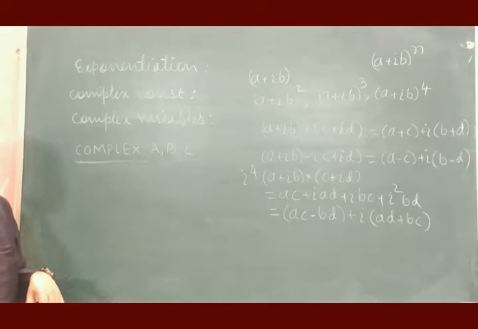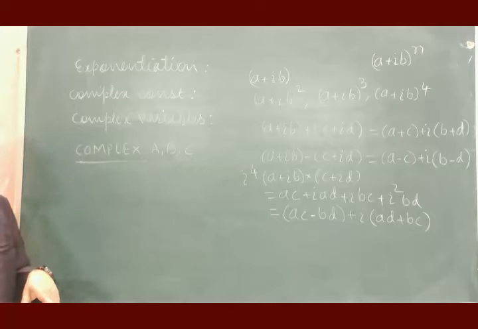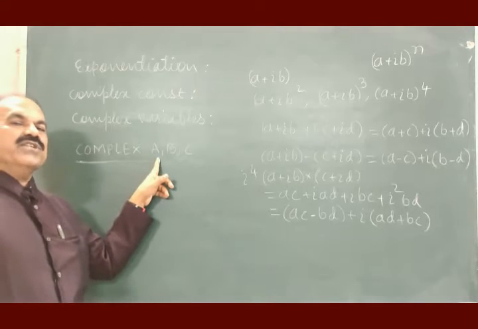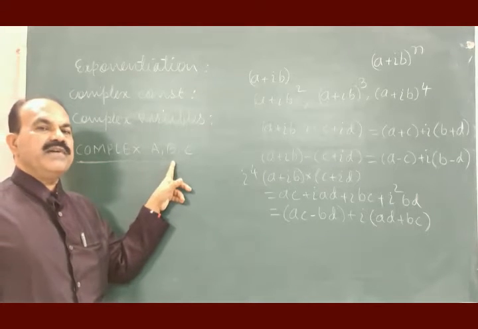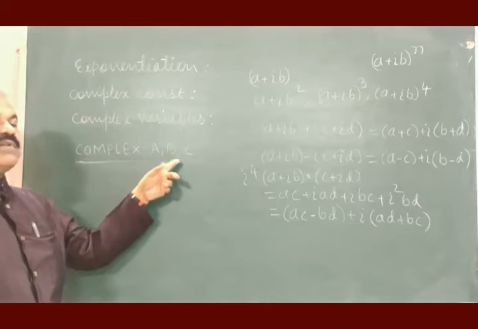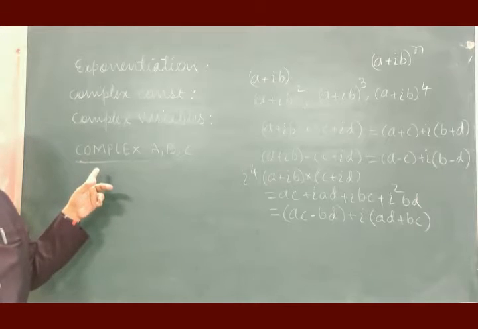This statement is used to specify the complex variables. A is a variable, B is a variable, C is a variable. These variables are preceded with the word complex.